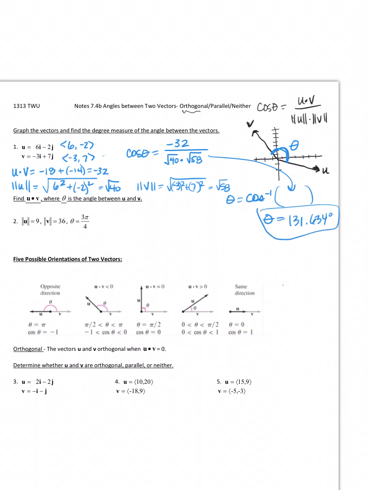Okay? So that's just a refresher. Now look at this next question. It says, find the dot product of u and v, where theta is the angle between u and v. So it's asking us to take this equation and rearrange it. So I'm looking for the dot product. So if you think about this algebraically, what do I have to do to solve for this part? Well, I would need to multiply these two pieces together, and that would give me the dot product, right? So let's try that out.